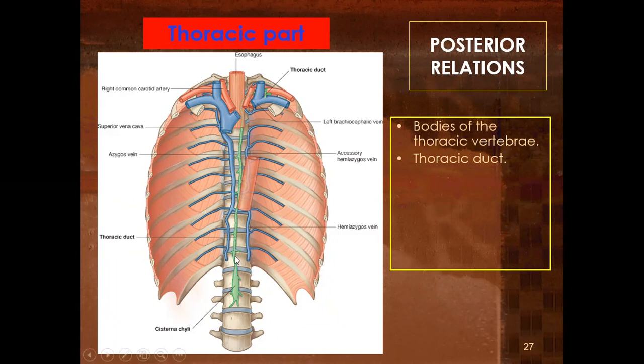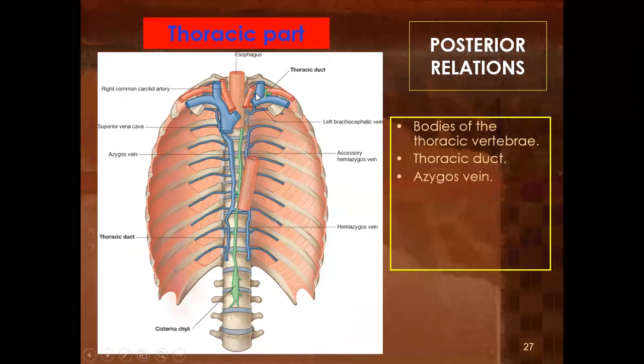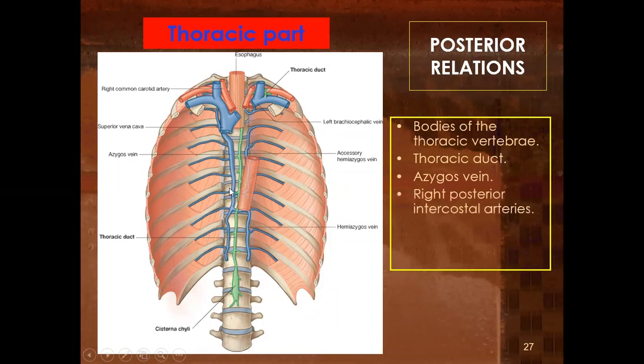The thoracic duct is the largest lymphatic duct, which begins from the abdomen, goes into the thorax, and opens into the venous system. Then we have the azygous vein. Then right posterior intercostal arteries. If you can see here, this is the intercostal vein, intercostal arteries, everything will be there. Then the descending thoracic aorta at the lower end.